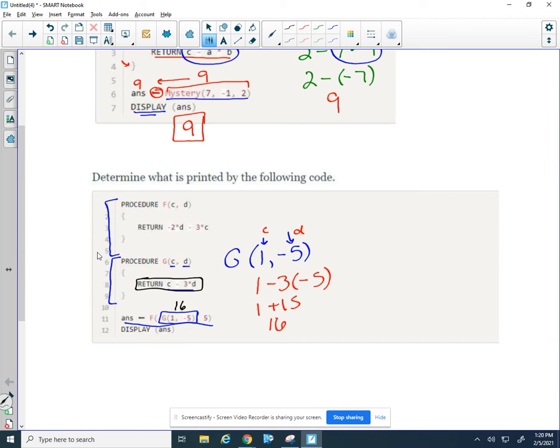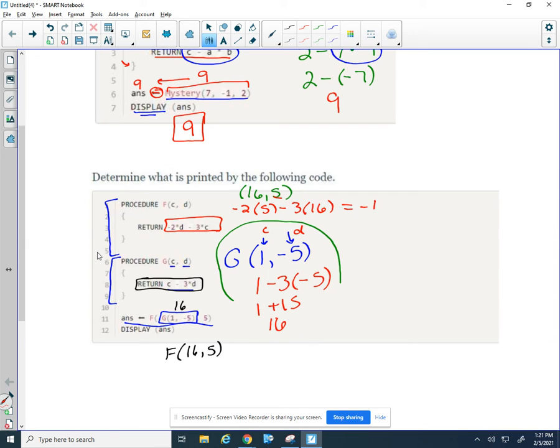So now we're finding F of 16, 5. So I'm going to use a different color and kind of go up here and write this next to the F function. So 16 and 5 are my arguments. So I have -2 times 5 minus 3 times 16, just plugging them into this expression.